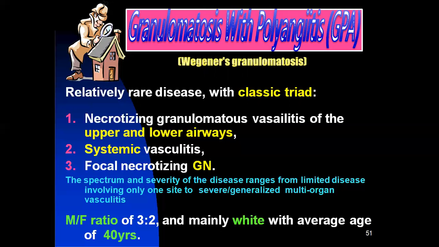So what we find here is that the respiratory tract gets affected. Also, we see that systemic vasculitis is present and focal necrotizing disease, renal necrosis can be seen.